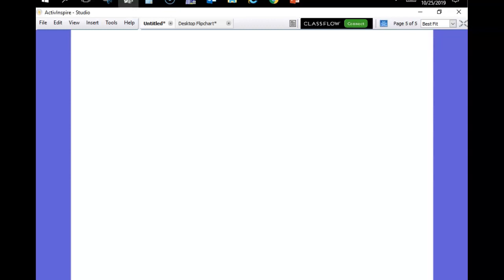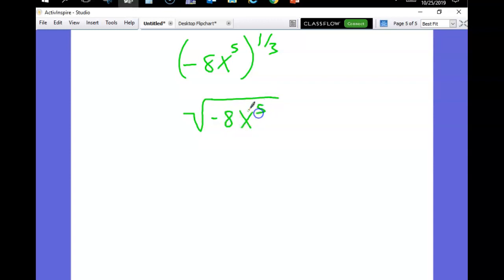Last one. Negative 8x to the 5th to what power? 1/3. Okay, so no negative exponent this time, so we're not going to do the reciprocal. We are going to change it into radical form, though, with my cube root out here.